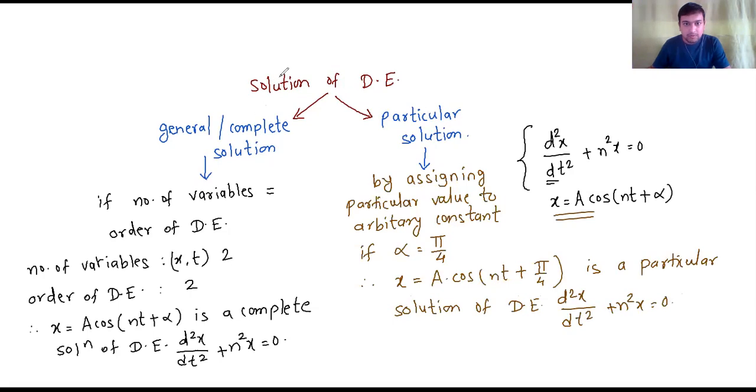So I hope with this it is clear what you mean by the solution of a differential equation and what its types are. There are two types: complete solution and particular solution. Now there are different methods to find the solution of a differential equation.